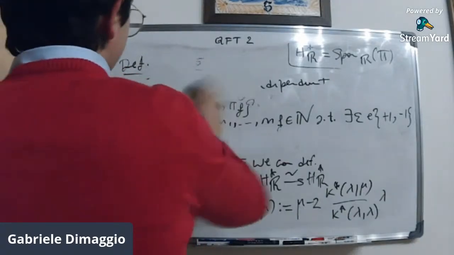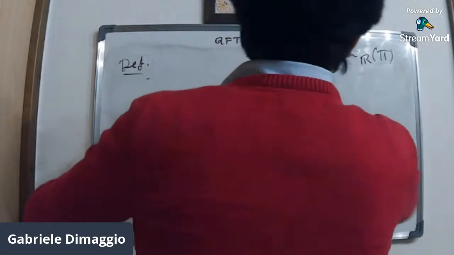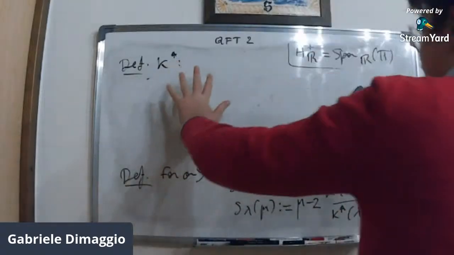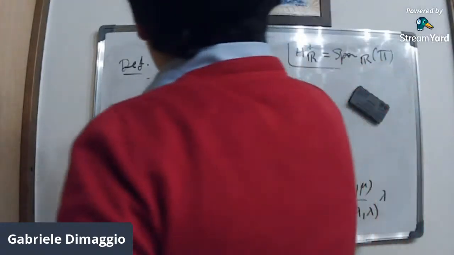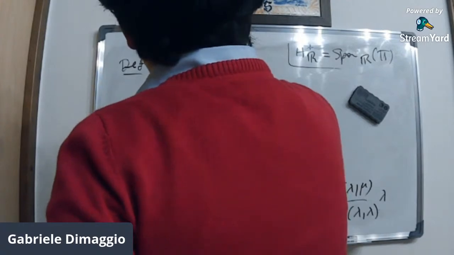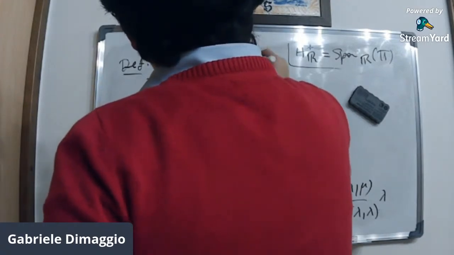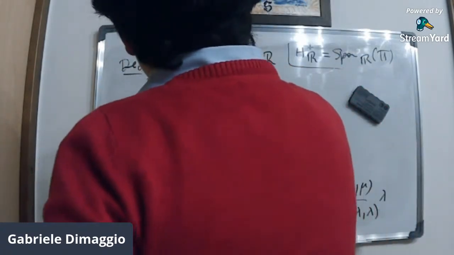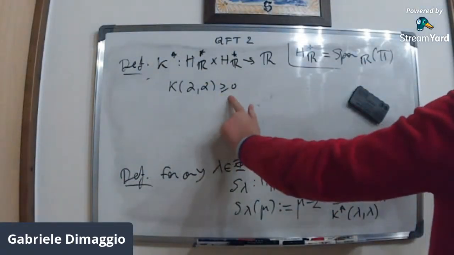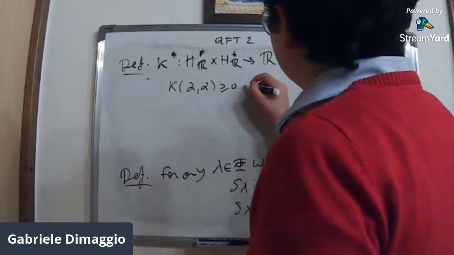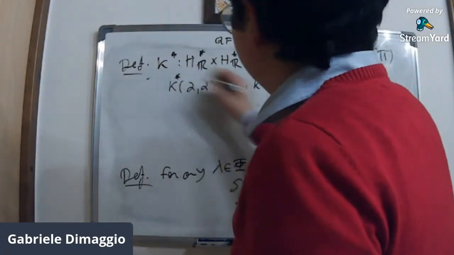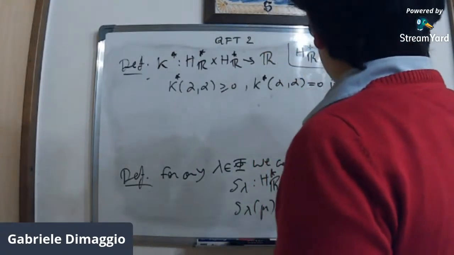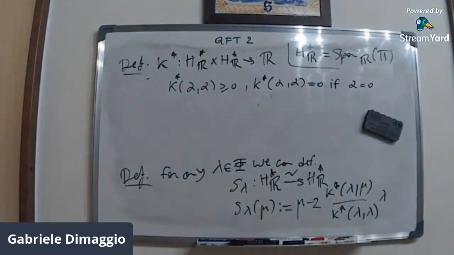The dual Killing form is a map from H dual over R times H dual over R to R. And I have that the form of alpha with itself is greater than or equal to 0, and it is equal to 0 if alpha is equal to 0.